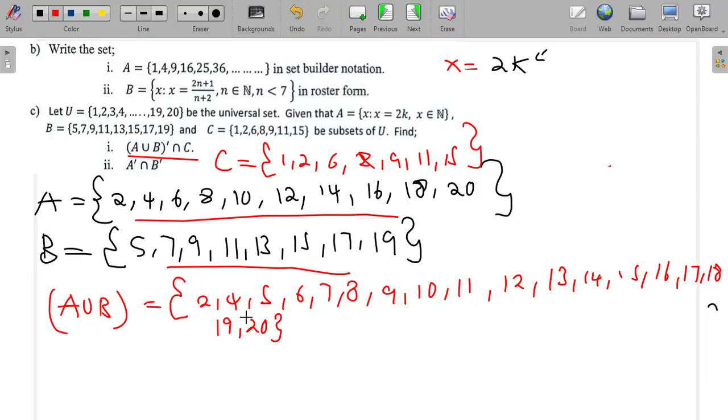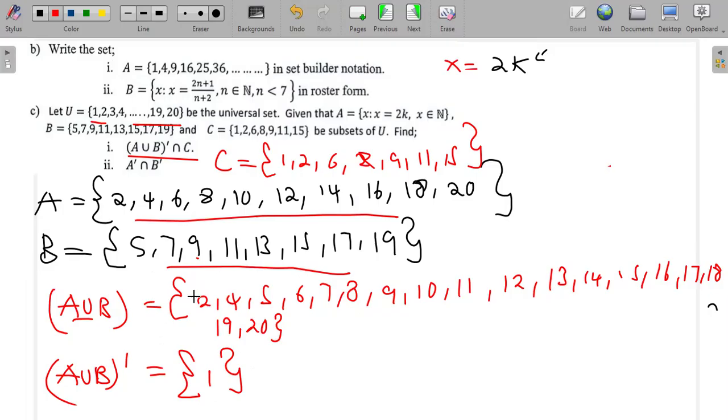It's just all the numbers apart from 1. If I combine these two sets, I get all this here. So the complement will just be the universal set with these numbers removed. The universal set is from 1 to 20, and 2 to 20 are in A union B, so in the complement I'll just have 1.